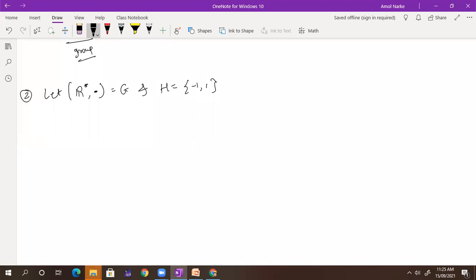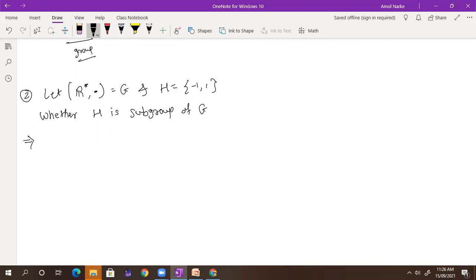So tell me. Sir, R star comma dot is a group. Yeah, definitely. So H is a subgroup, whether H is a subgroup of G. Tell me whether H is a subgroup of G. Either you have two options because it is a finite group.